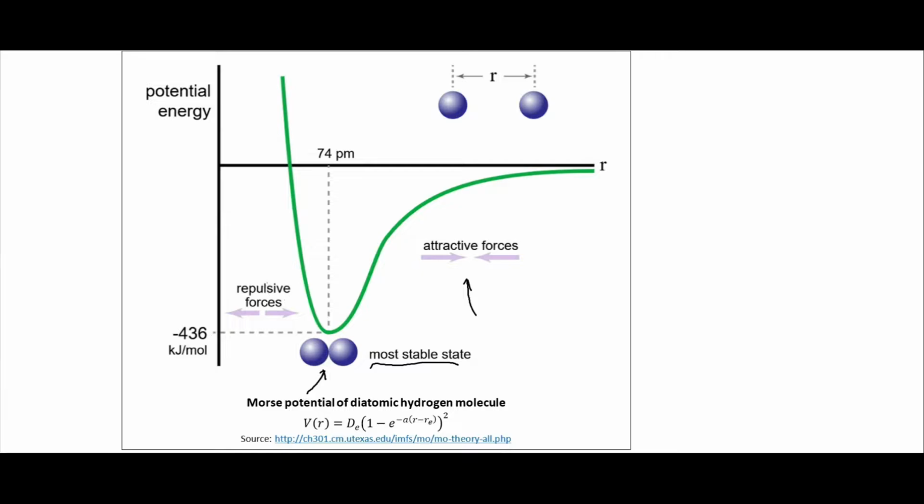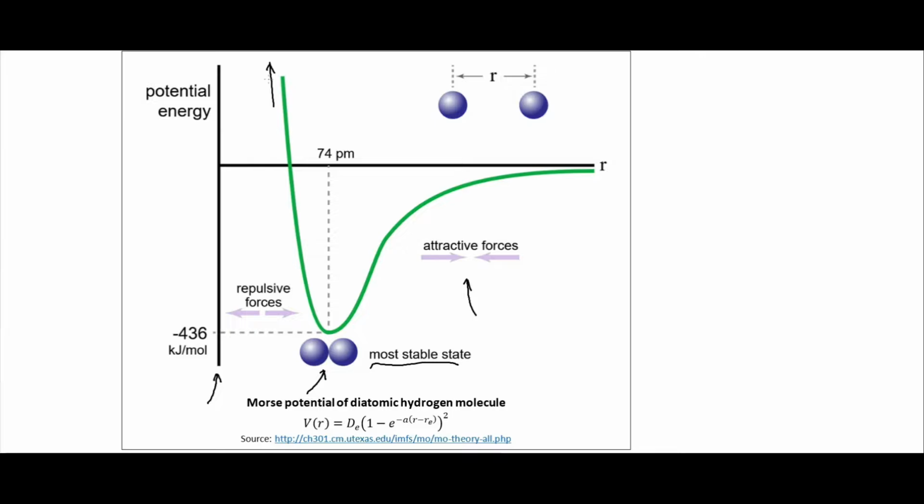Then as they get too close together, as we come towards this axis right here, which you can think of as the nucleus, the repulsive forces of the two atoms' nuclei are going to increase. And we see that this asymptotes up towards infinity as they get closer and closer together.